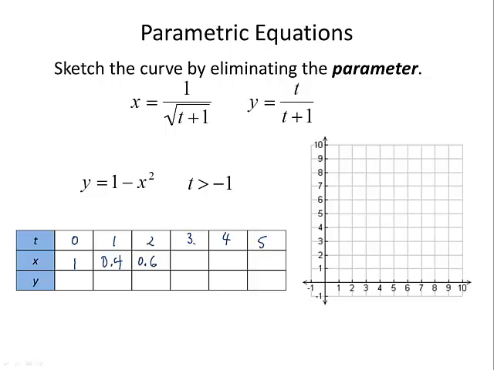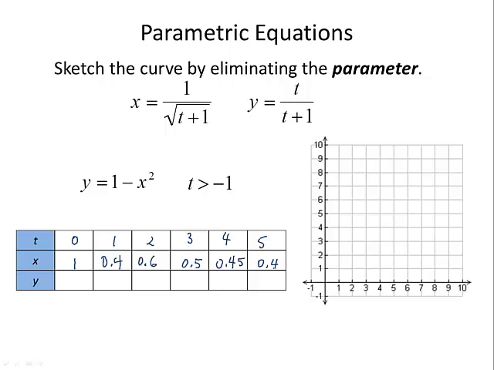And then this will give me 1 over square root of 4, which is 1/2. And then 1 over square root of 5, which is 0.44 again. And then 1 over the square root of 6 is 0.4. This is 0.45.